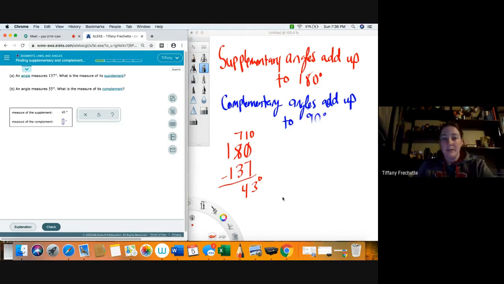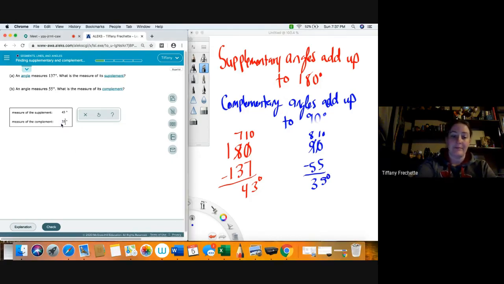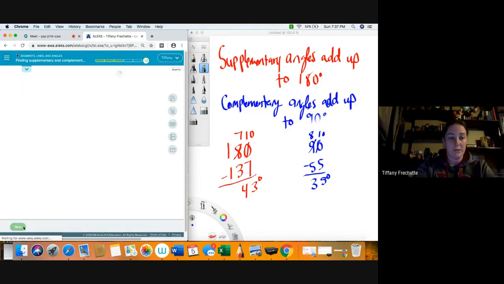Next one here says an angle measures 55 degrees. What is the measure of its complement? I'm going to switch over to blue. Complement means 90. It's giving me 55, and they want to know its complement, so I'm going to subtract. And I get 35 degrees. Okay, one more.